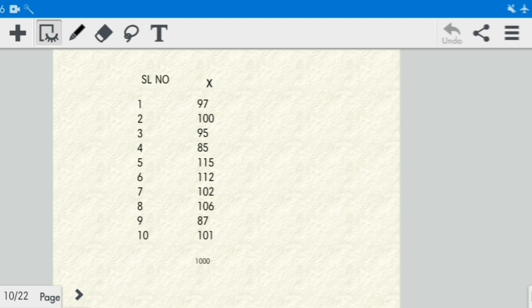Now I follow the steps of the algebraic mean of a single dataset.